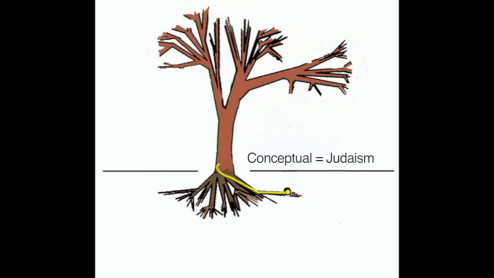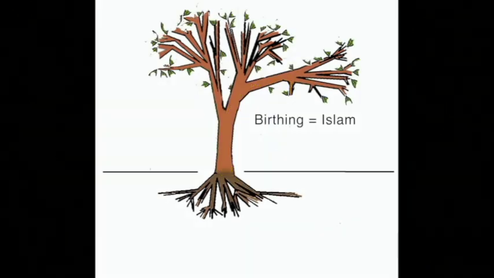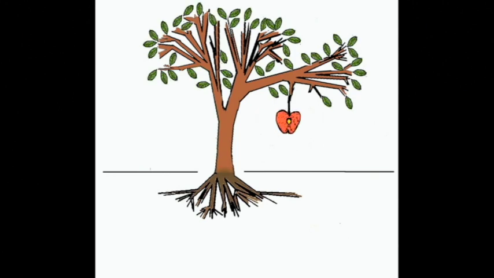The conceptual phase is identified with Judaism, the gestational phase with Christianity, and the letting go, birthing phase with Islam. Of course, each of these phases of faith must include the other two, because this is all happening at once, right now, just as it is also happening eternally, cyclically, and throughout history. Life grows both ways. Life grows sequentially in time, and it grows spread out in different organs within an organism at any given time.